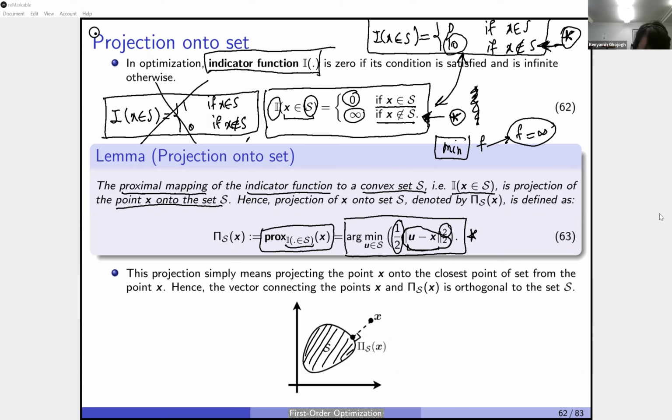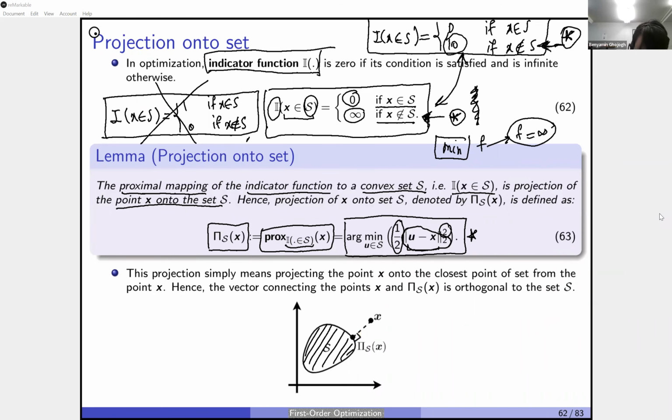And we denote the projection of X onto the set S by this, for example. And here is the point U, the projection. When you connect the point X to the projection of X onto the set S, that line will be perpendicular to the set S because it has the shortest distance, right?